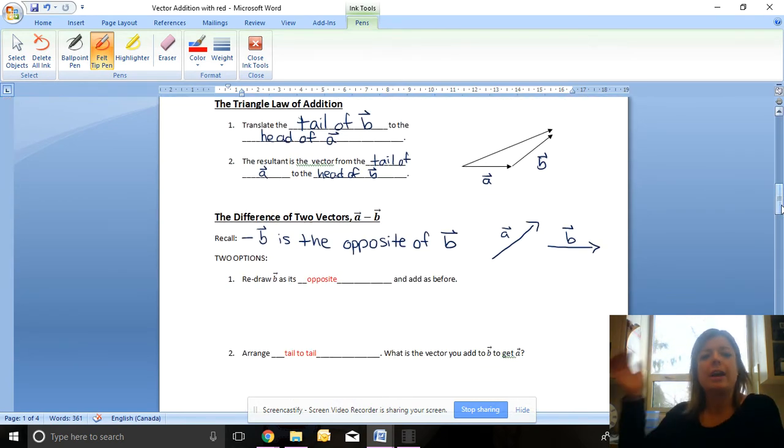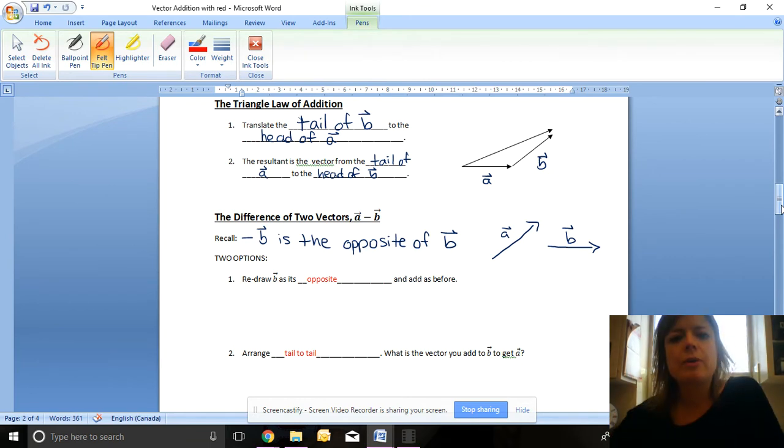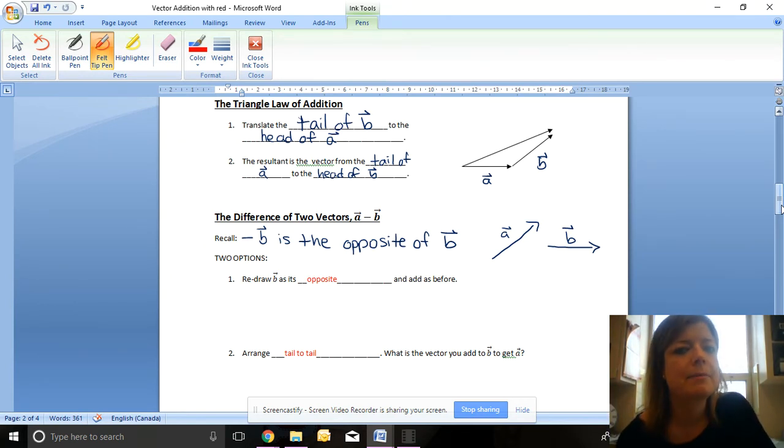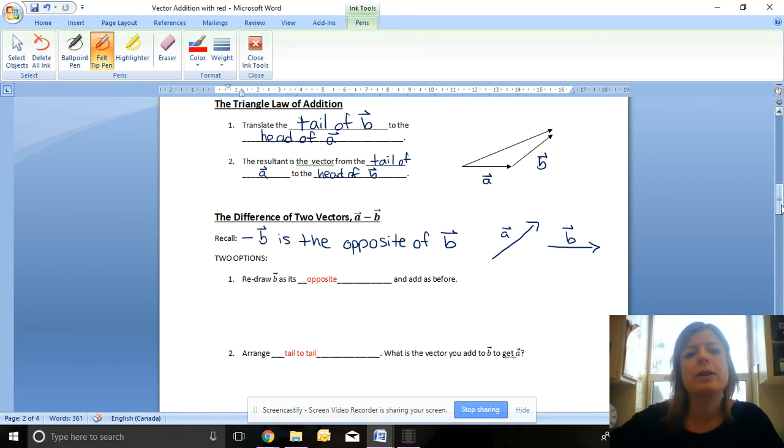Now we'll get into the triangle law of addition. So this can be used instead of the parallelogram law. It's important to understand both laws because we will be using them in different applications. So I know physics students are more comfortable with the triangle law, but you do need to learn the parallelogram law as well.